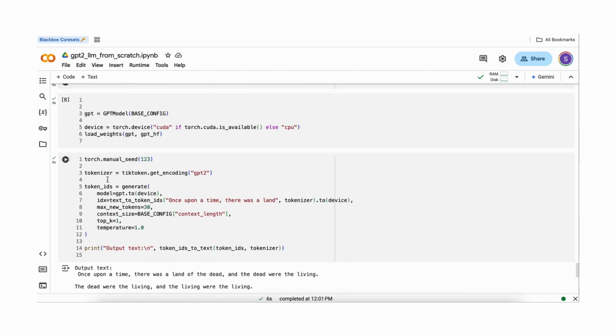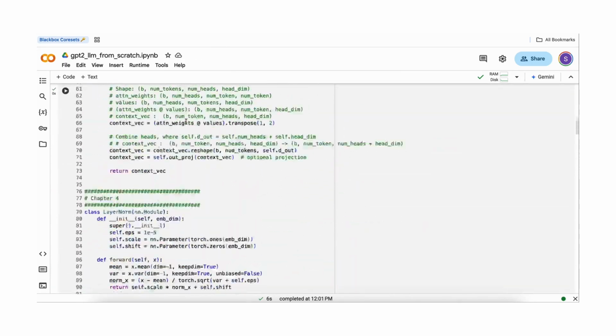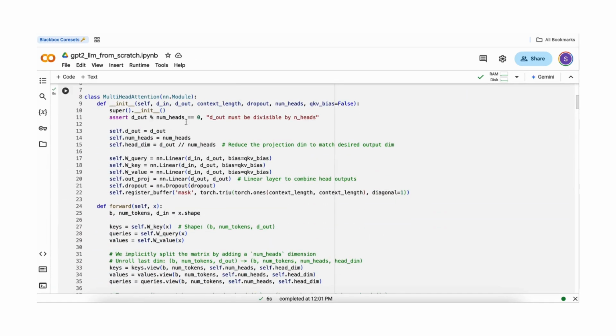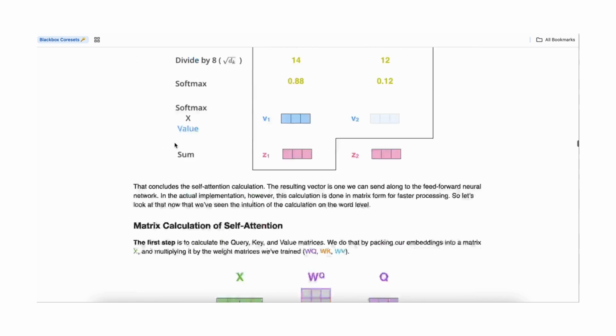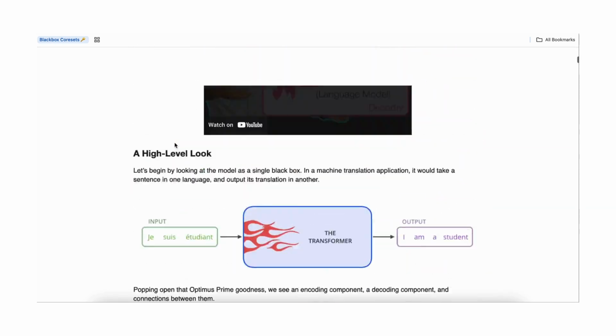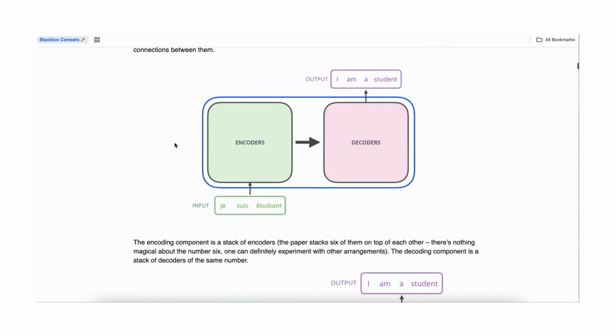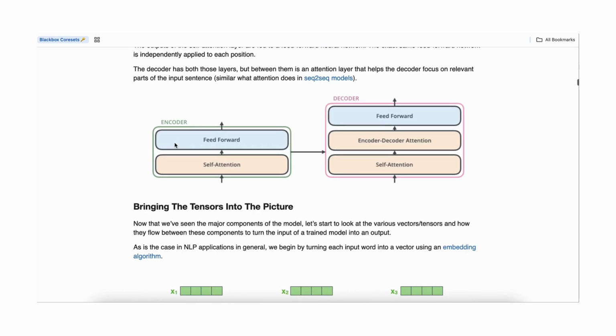So we'll talk about how to compose this function, but the first and most important part is composing multi-headed attention. If you want to know more about what attention is, I have a previous video which I will link to, and this is one of the most amazing resources to learn about transformers and the attention mechanism.